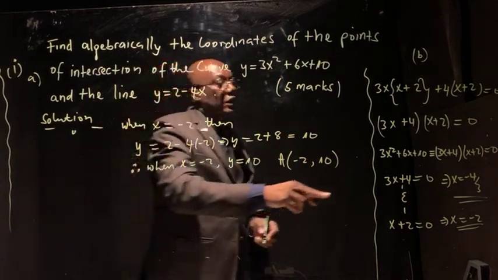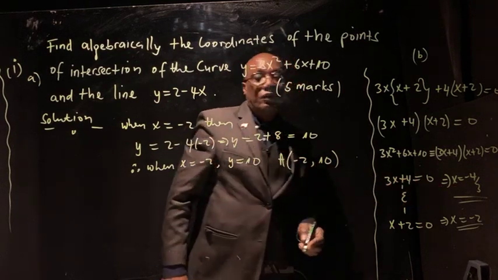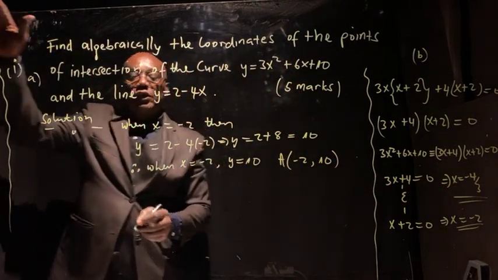Now let's use x equals minus 4 over 3 using the simplest version.